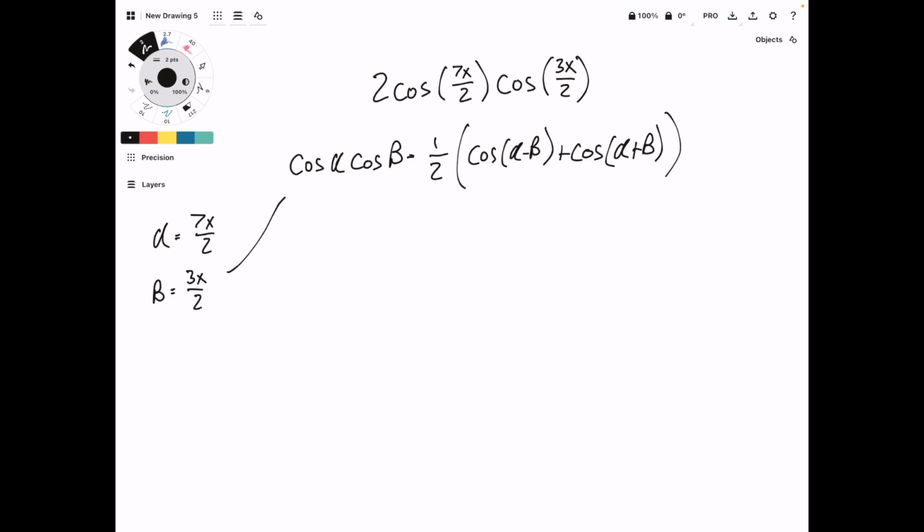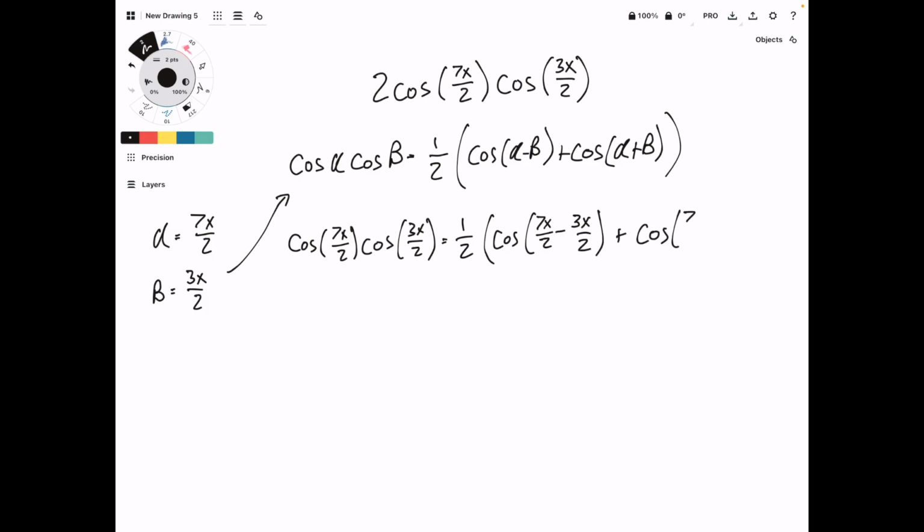Now we can plug these into this formula here. So cosine of 7x over 2 times cosine of 3x over 2 is equal to 1/2 cosine of 7x over 2 minus 3x over 2 plus cosine of 7x over 2 plus 3x over 2.